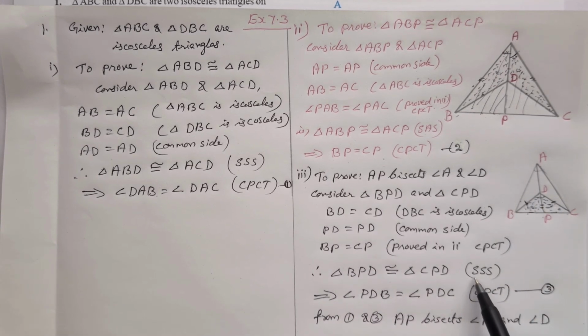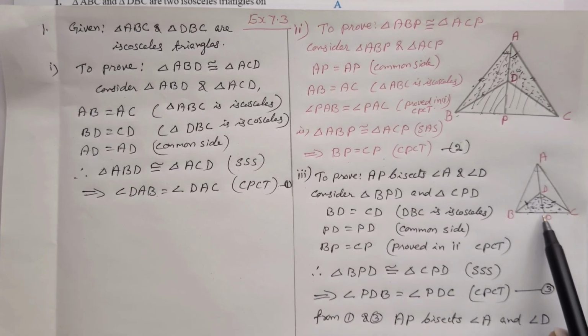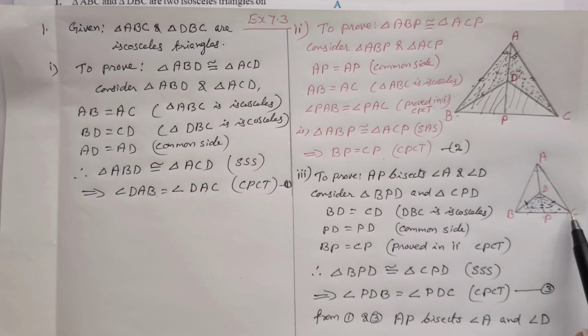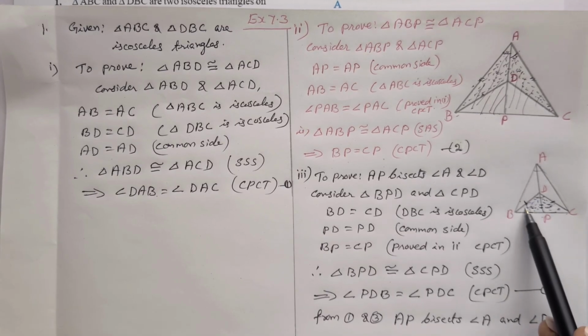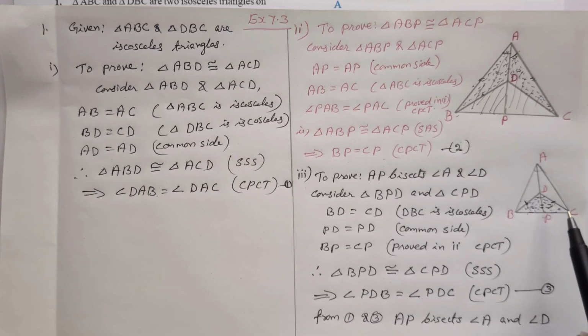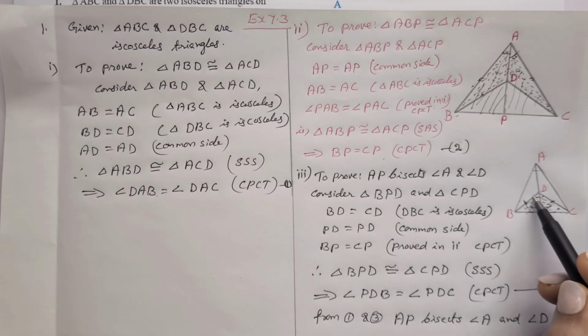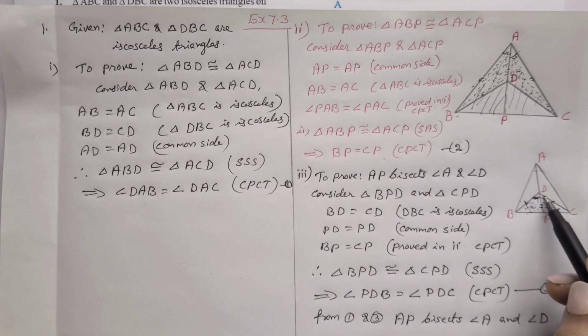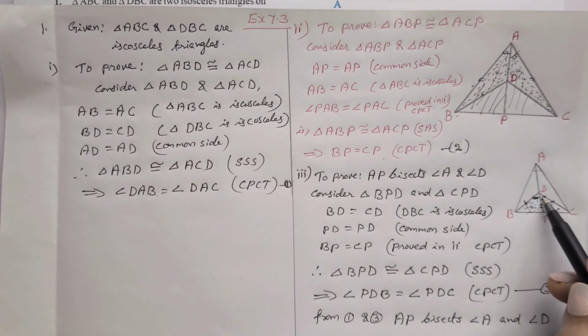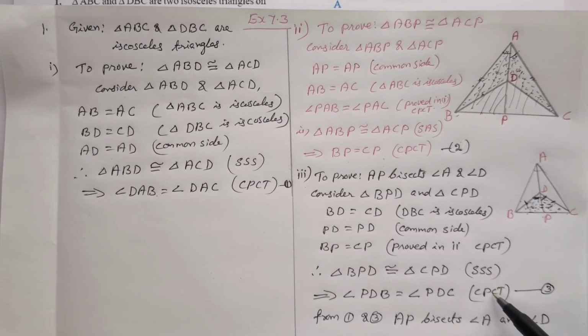So by SSS congruency criteria, we can write triangle BPD is congruent to triangle CPD. If these two triangles are congruent, then the corresponding angles PDB and PDC are equal by CPCT.